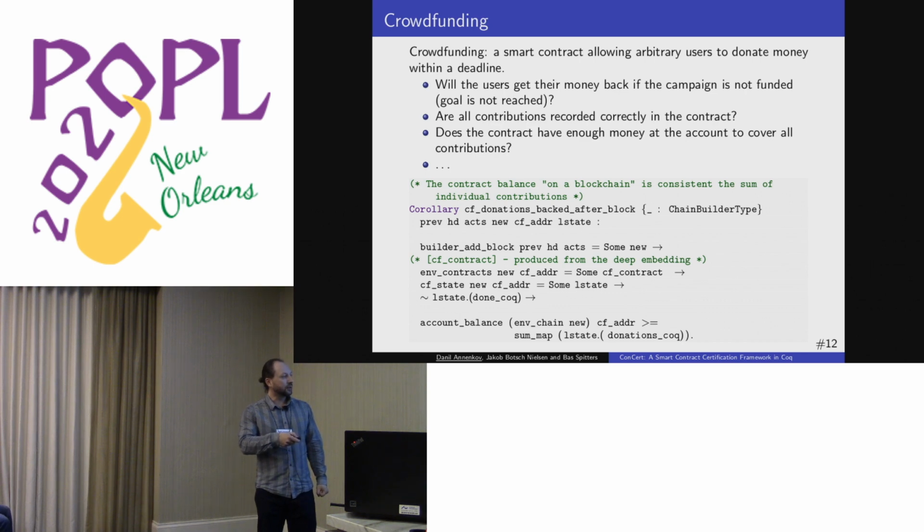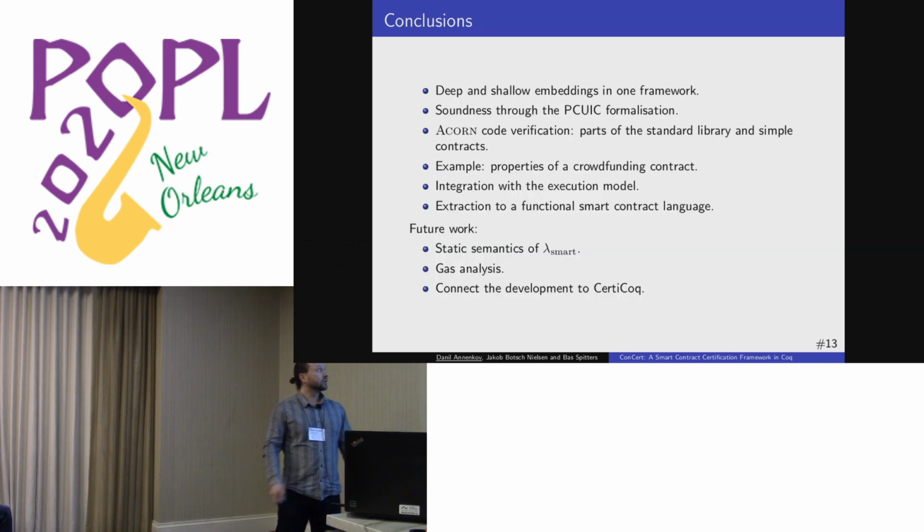This CF contract comes all the way through our framework, starting from deep embedding, through the translation, through the unquoting. So we have an actual init function and receive function, and we reason about it in the execution model. So in conclusion, I presented a framework allowing us to combine deep and shallow embeddings.